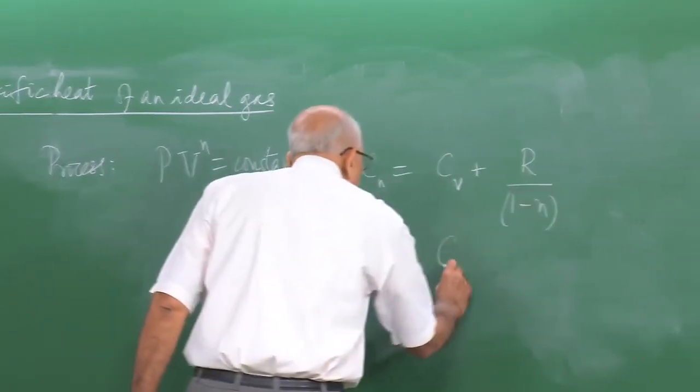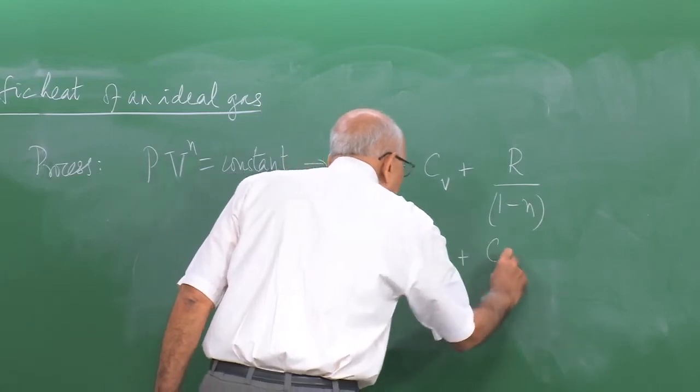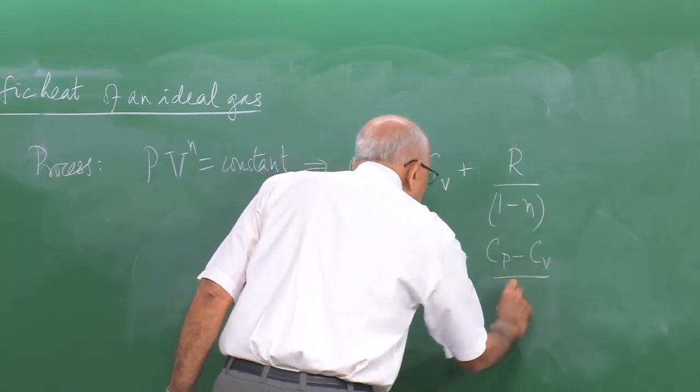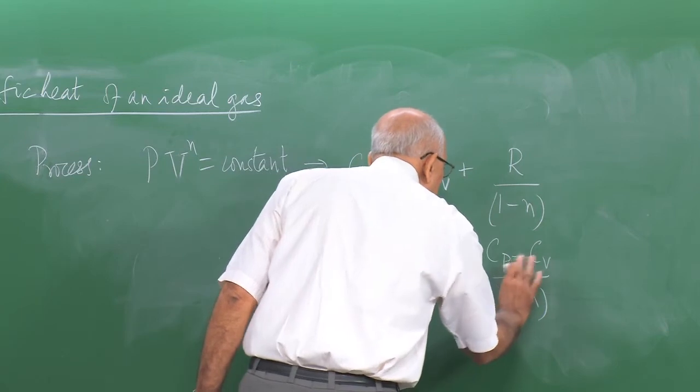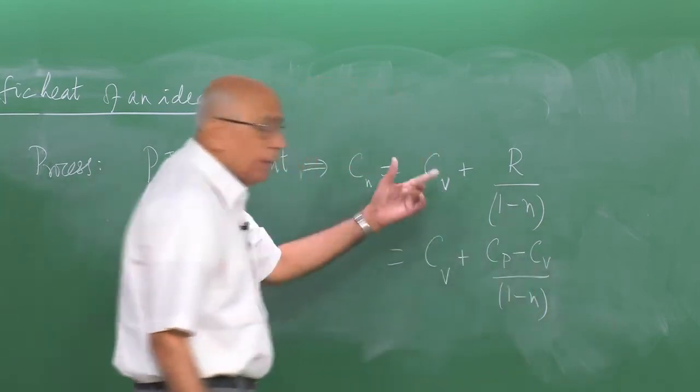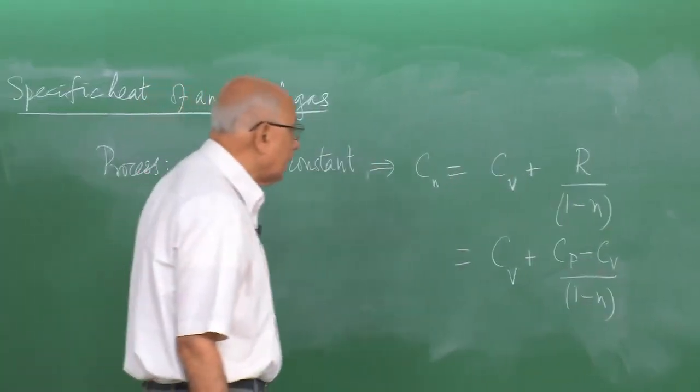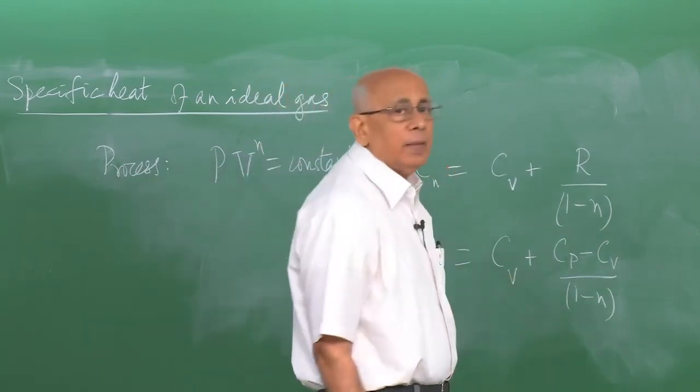but this is the same as Cv plus (Cp minus Cv) divided by 1 minus n, because Cp minus Cv is R for a mole of ideal gas and Cp is gamma times Cv.